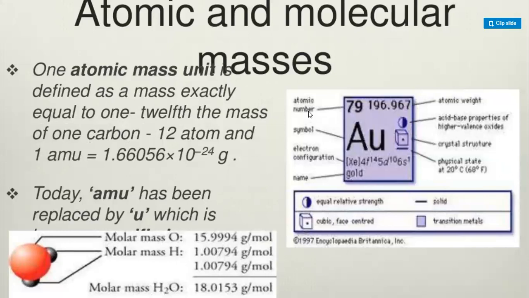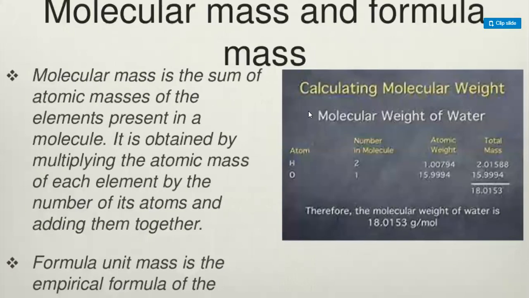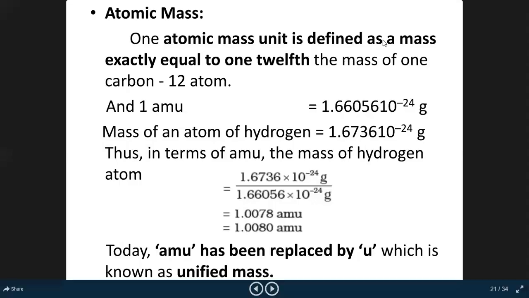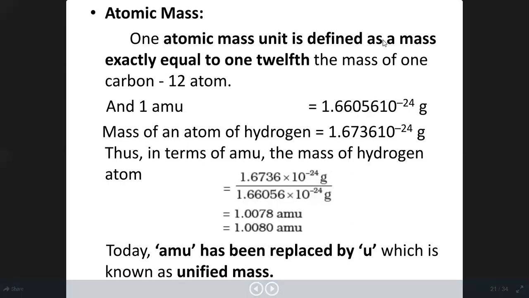Today the AMU has been replaced with the symbol u, which specifies the atomic mass of a specific atom. That means the unified mass.